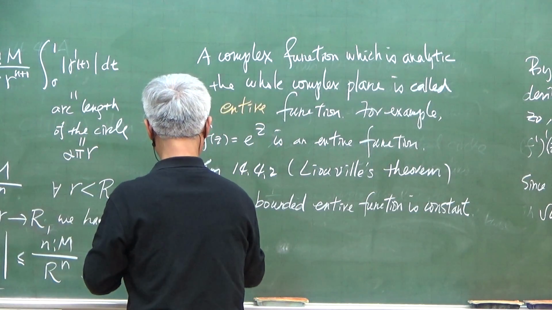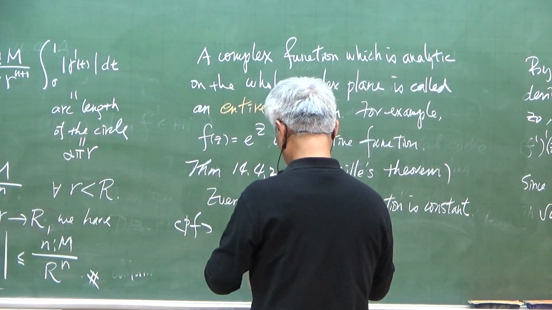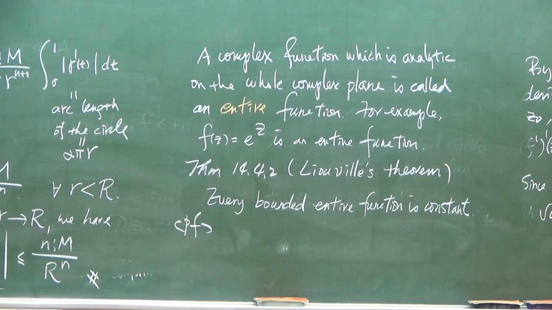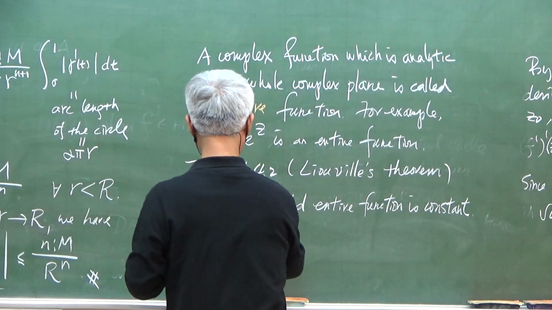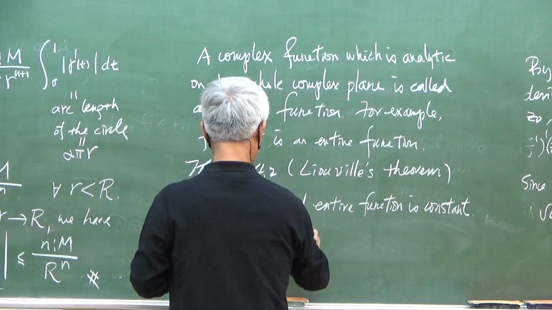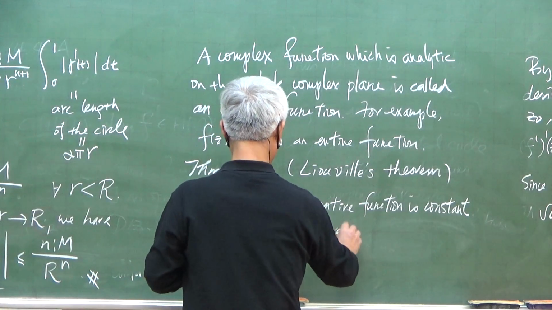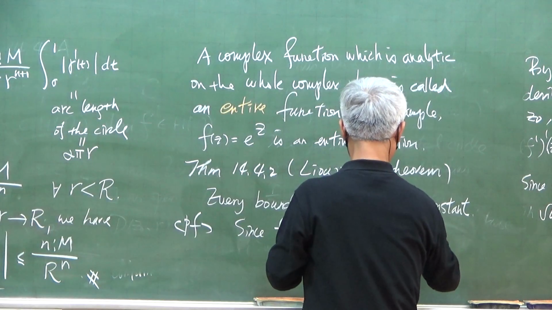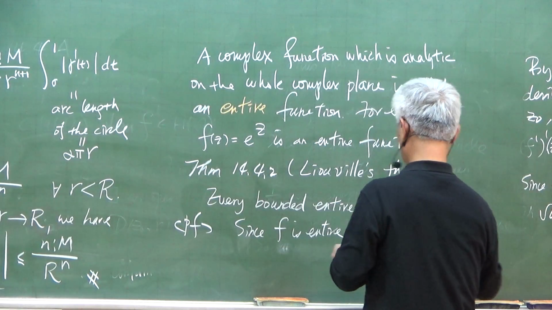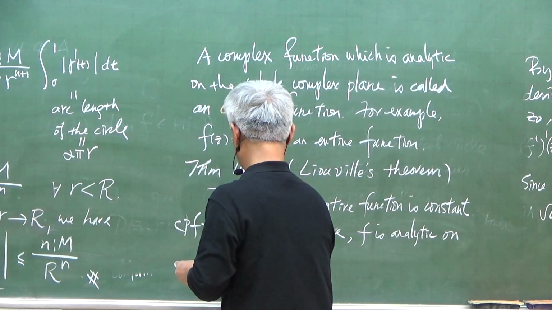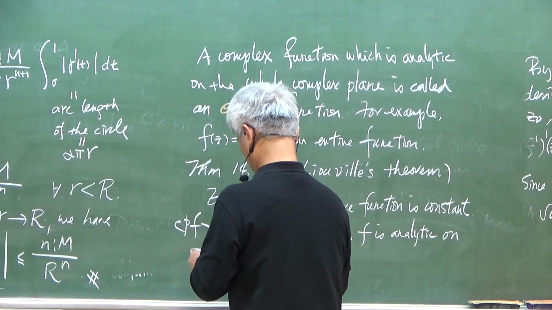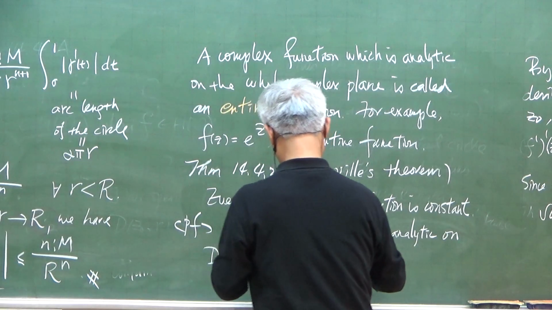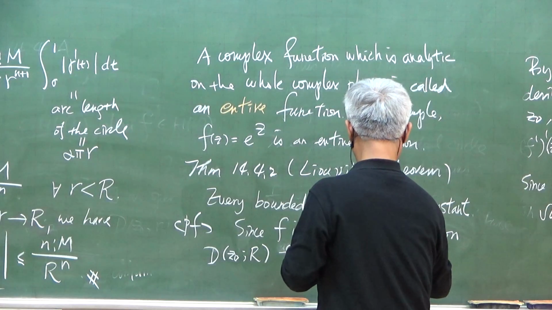Right, so the proof actually is quite simple once we have Cauchy's inequality, like this one. Now since f is entire, f is analytic on the disk around z0, for any z0 and any r greater than 0.